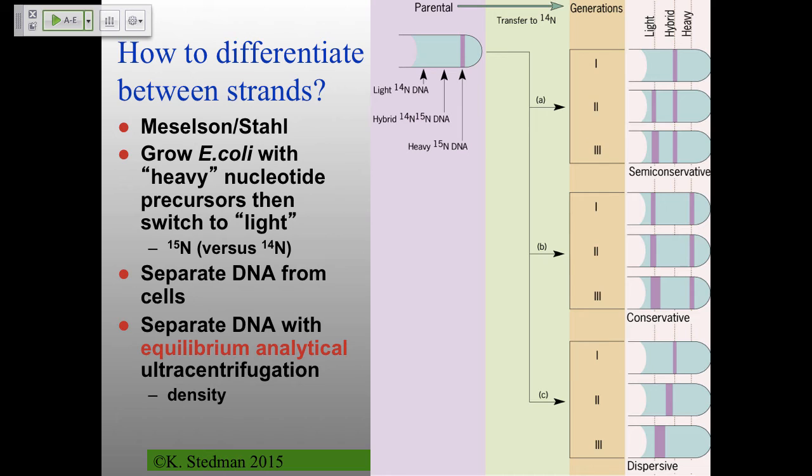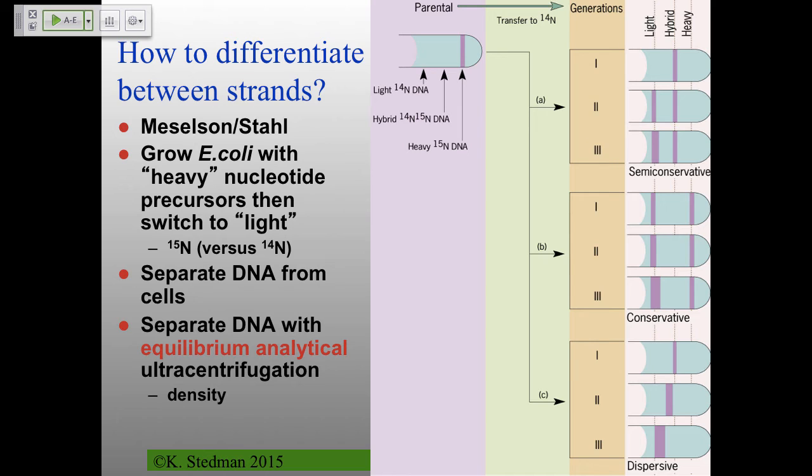And then, since this was the late 1950s, all the people on the Manhattan Project had generated these different isotopes. You could actually get the precursor to all of your nucleotides, in this case ammonium chloride, that was specifically N15 labeled or specifically unlabeled, so mostly N14.